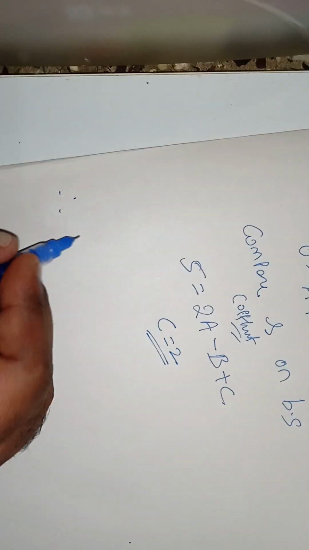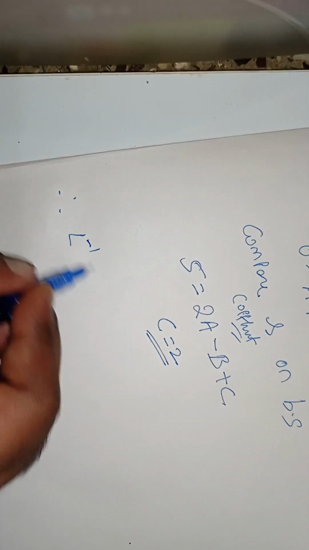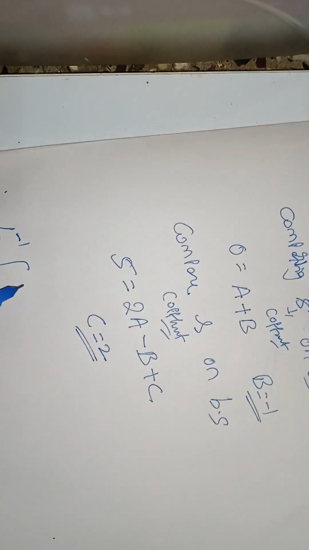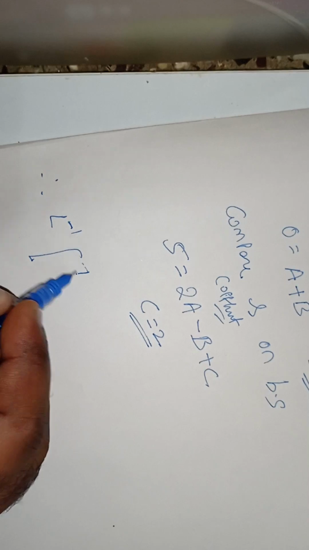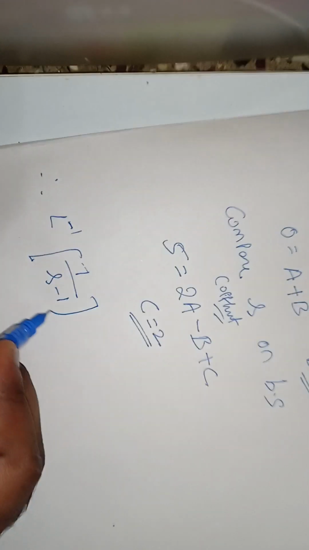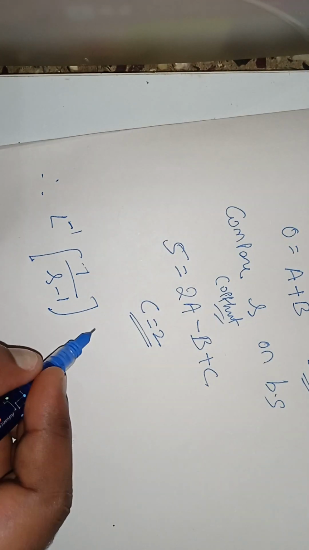So therefore you can find L inverse of: the value of A is 1, so 1 divided by (s − 1), plus (Bs + C).